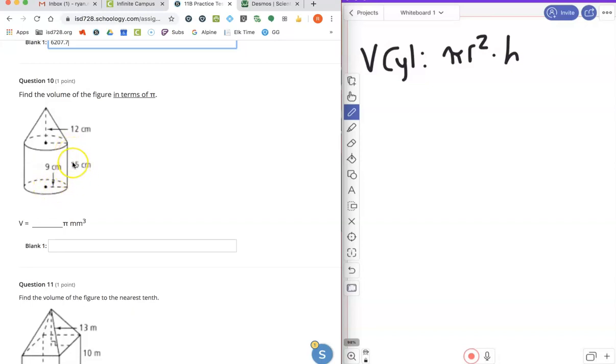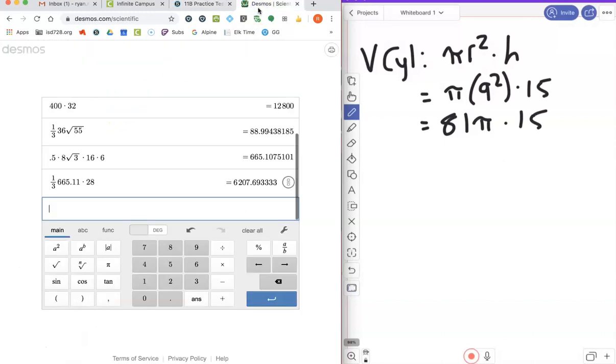We know that h is 15. So pi times 9 squared times 15, which is 81 pi times 15. Let's get what 81 times 15 is. 1,215. So that's a number that I need. Okay. I also need the volume of the cone. Let's do a different color for that.